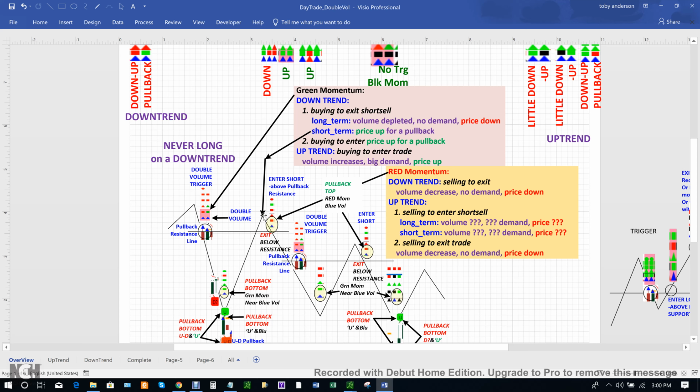And once it comes back up, now you're looking to enter the trade, to do a short, and you have a single blue triangle with a red momentum, and then it's going to go down, boom. And then you want to exit, you look for a green momentum with a blue, and then you'll exit. So that's your profit right there.